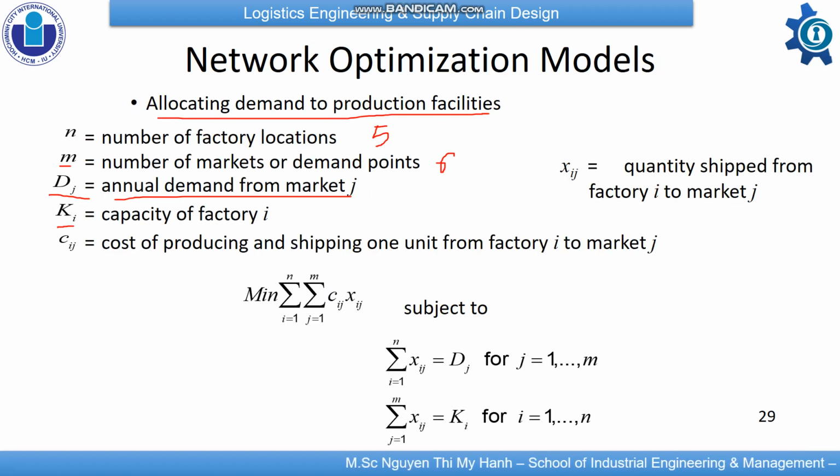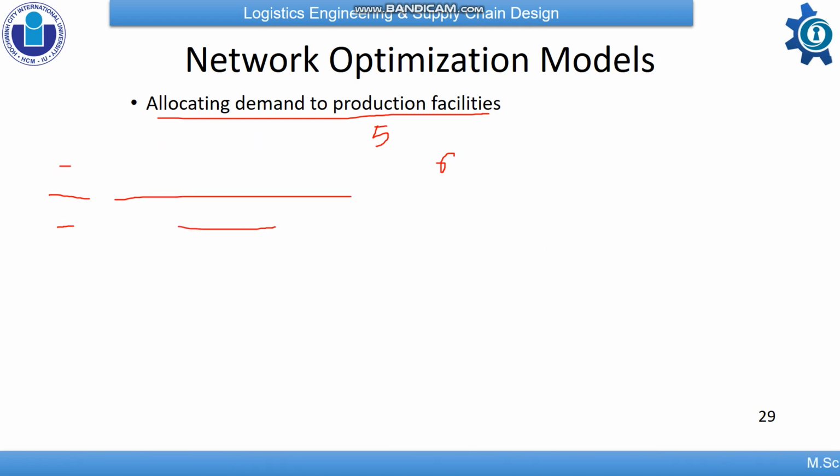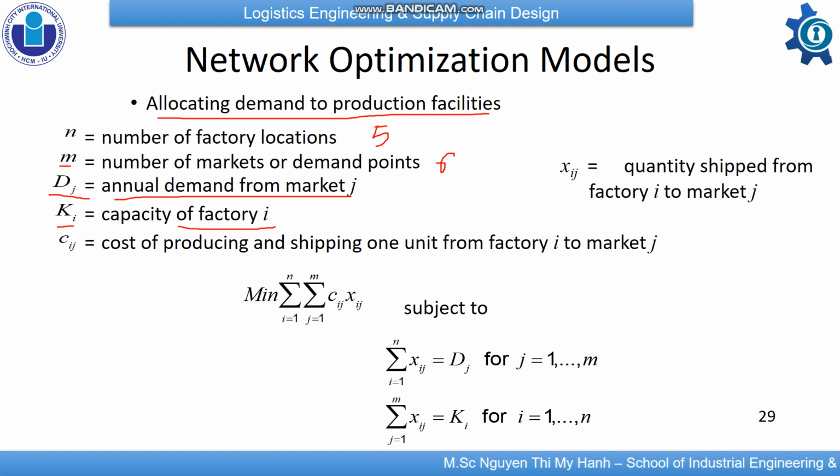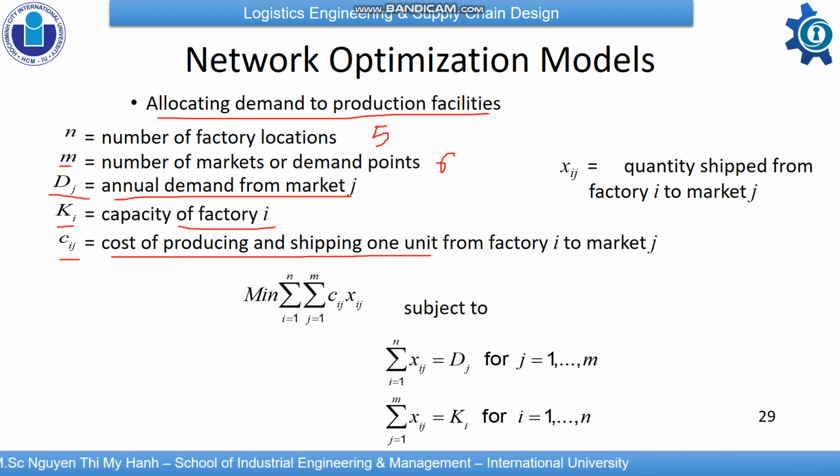And we also have Ki, the capacity of the factory i. So here is the Ki. The capacity of the factory in Baltimore is 18,000. So K1 is equal to 18,000. And Cij is the cost of producing and shipping from the factory i to the market j.